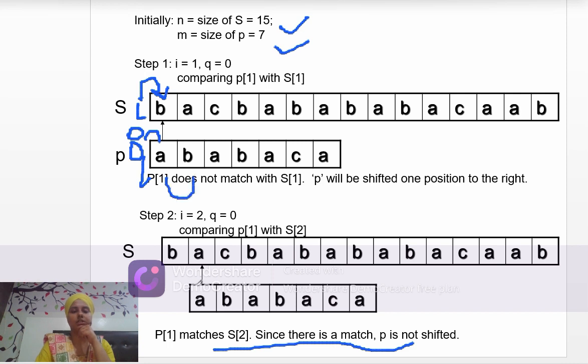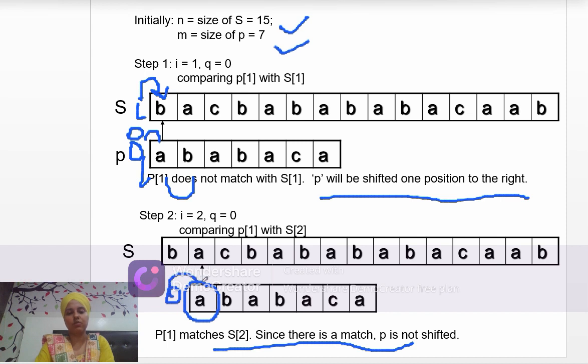Now A is compared with the string A. P is shifted when it is not matching. A and B were not matching, so what we have done is we have incremented S also and shifted P. P is starting from 1 only, but we are simply shifting P. Now after 0, it is Q plus 1.